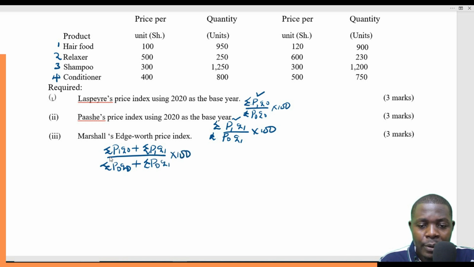Everything we multiply by 100. Now these are the formulas that are going to guide us on the number of columns we are going to create.